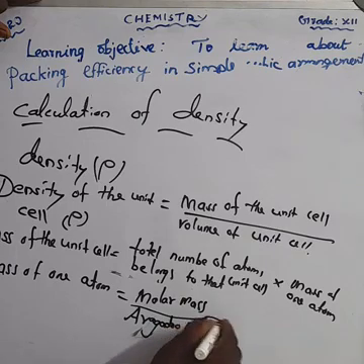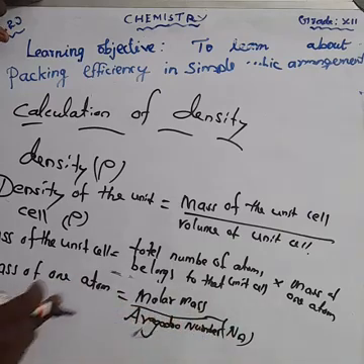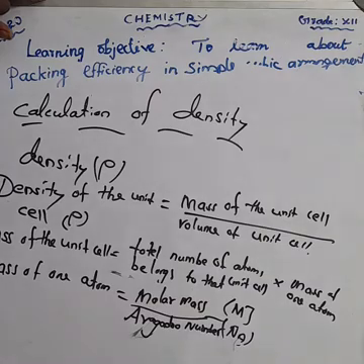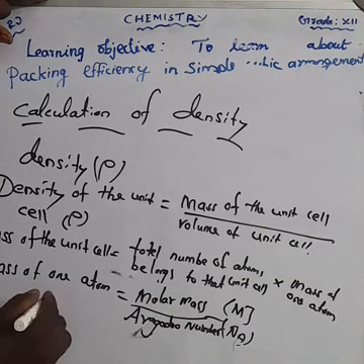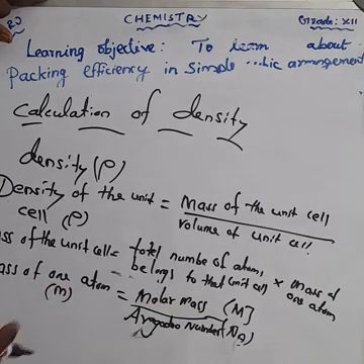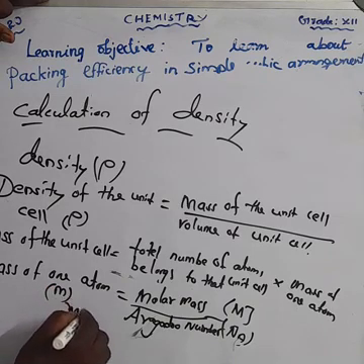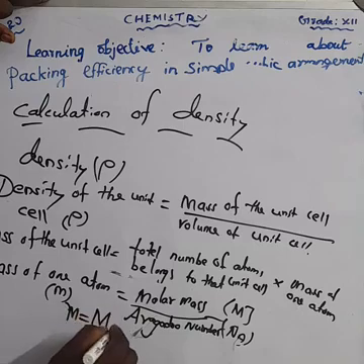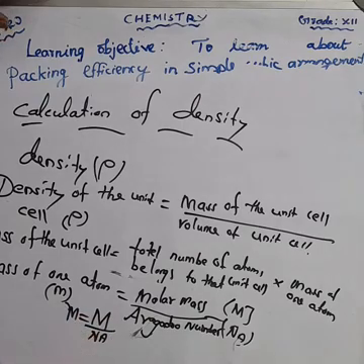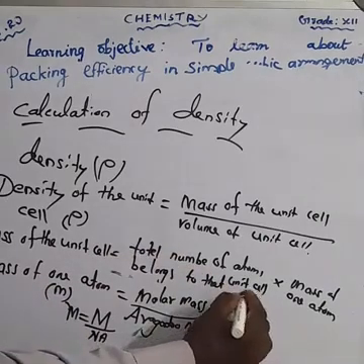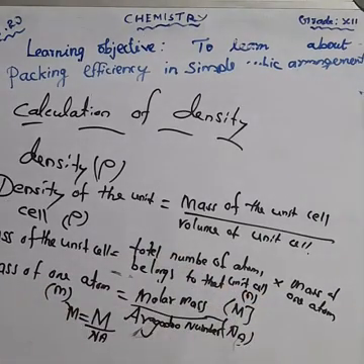This is denoted by the symbol Na. Na means the Avogadro number. Capital M is the molar mass, and the mass of one atom can be taken as small m. So small m is equal to M divided by Na. This can also be used with small n.